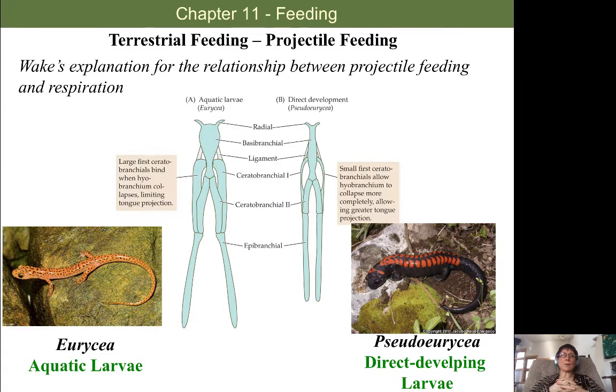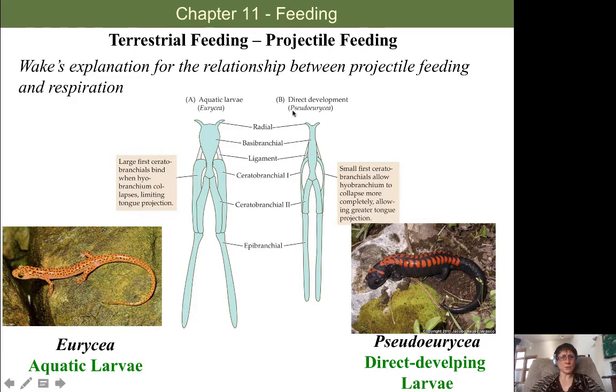And Wake's explanation for this is that by virtue of being lungless, because they can respire through their skin, and that satisfies all their needs for respiration, that lack of lungs means that they have more space for the development of all of the muscles and apparatus required for projectile feeding.